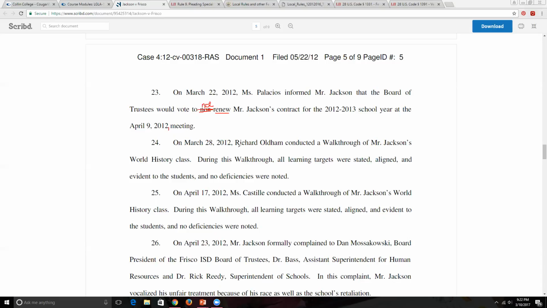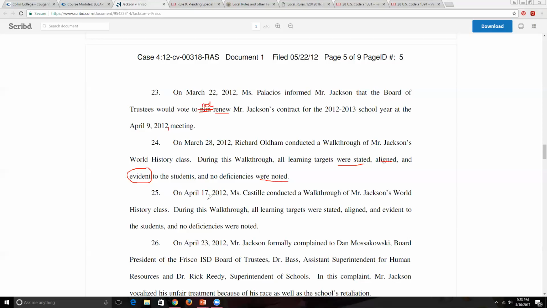On March 28, 2012, Richard Oldham conducted a walkthrough of Mr. Jackson's world history class. During this walkthrough, all learning targets were stated, aligned, and evident to the students, and no deficiencies were noted. Again, we have a problem with parallelism. This is an adjective. The others are past participles, and we have passive, passive, and passive.